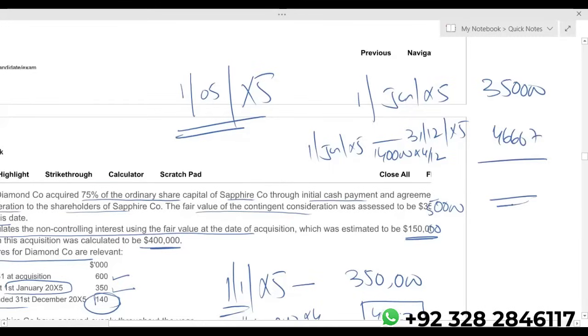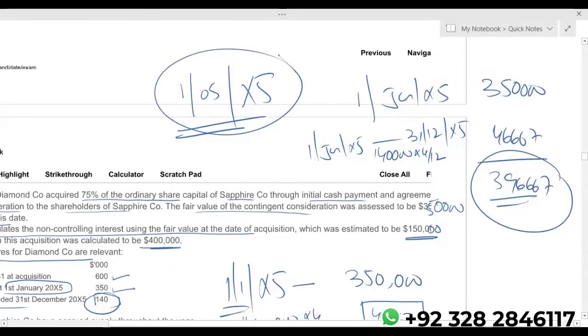Logically, 3,50,000 plus 46,667, 3,96,667. This is the retained earning at acquisition date. Is this clear?